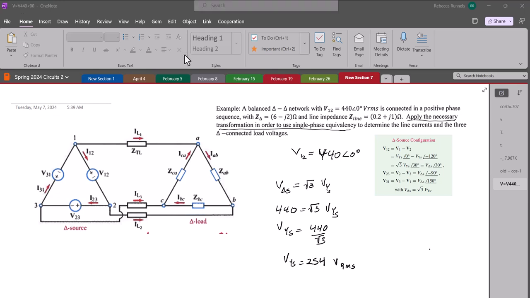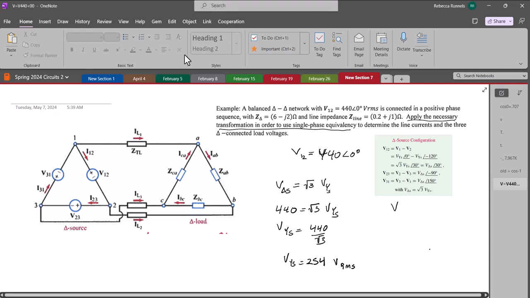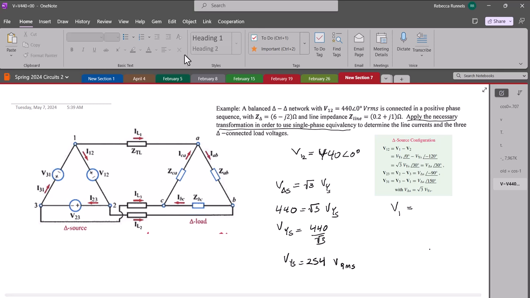So what I'm going to do is modify these formulas a little bit, so we can say V1 equals V12 over the square root of 3.